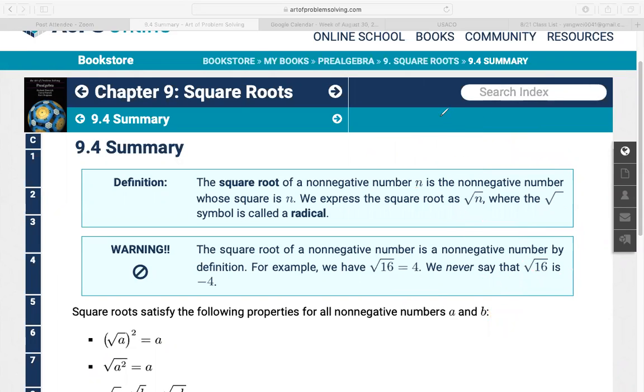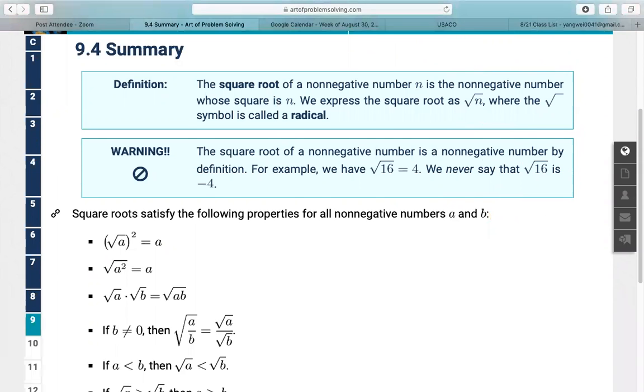Then here are some formulas you need to pay attention to. One I already emphasized a lot of times: square root, then square. These 2 operations are exactly opposite, so they cancel out.